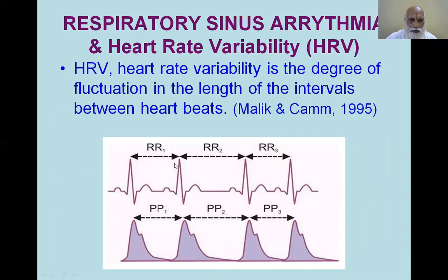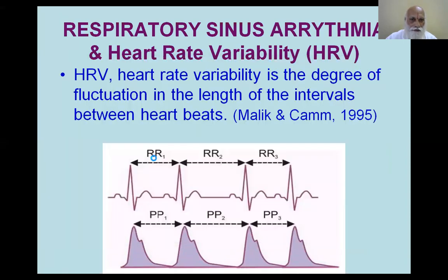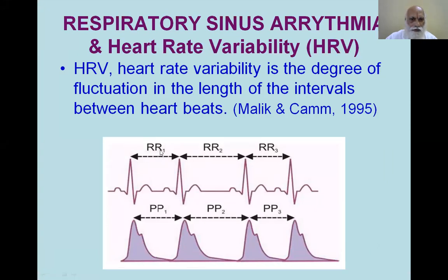You know where to start clearly and where the ending is for the cardiac cycle. And here you can see RR1. The first RR interval, second RR interval, third RR interval. And here below is the pulse, which reflects the contractions of the heart.